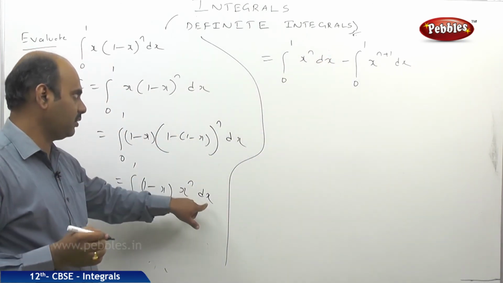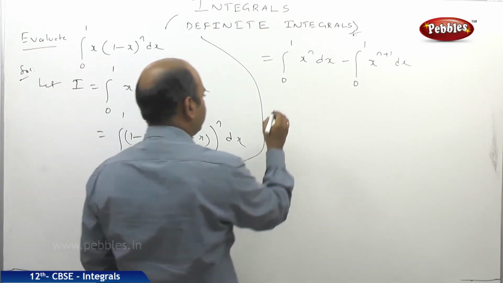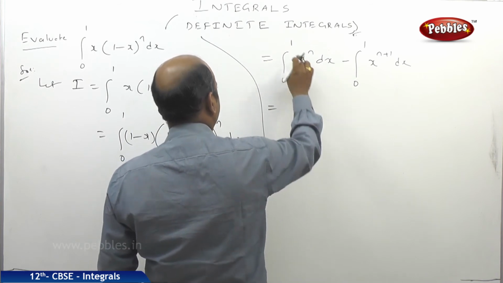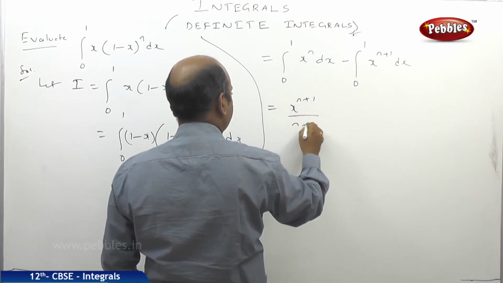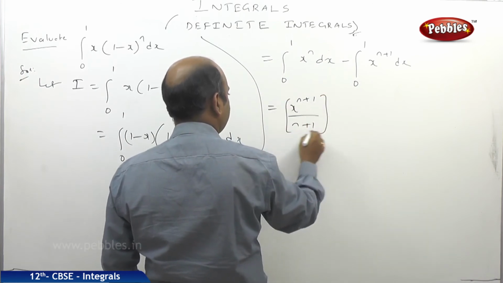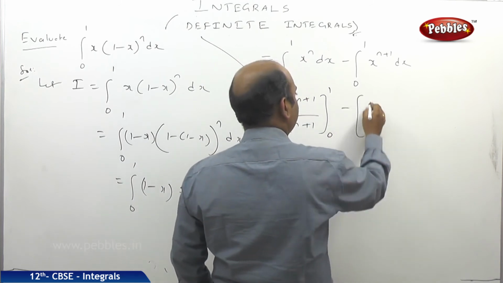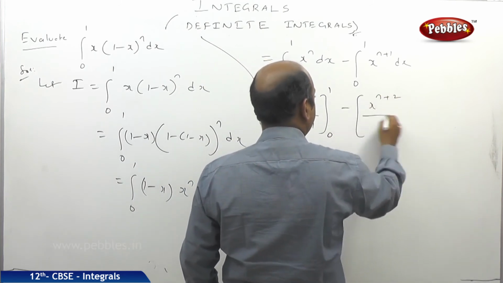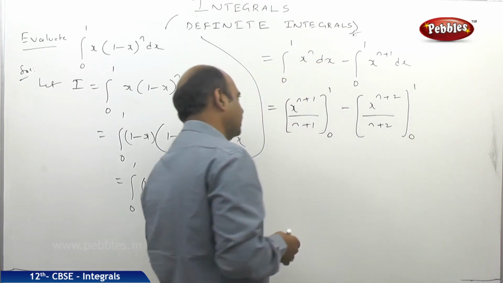1 into x power n will be x power n, x into x power n will be x power n plus 1 dx. So that is equal to integral 0 to 1 x power n dx means x power n plus 1 by n plus 1 from the limits 0 to 1, and here comes x power n plus 2 by n plus 2 from the limits 0 to 1.